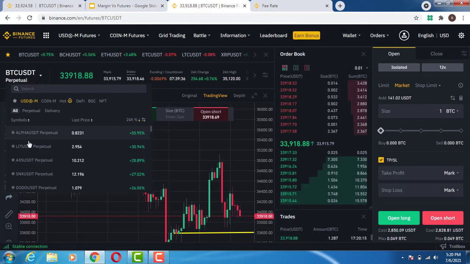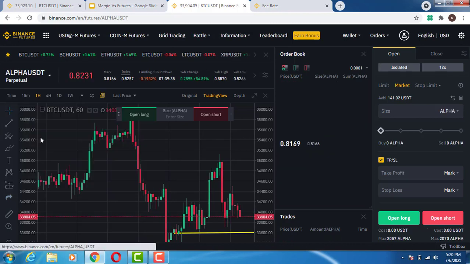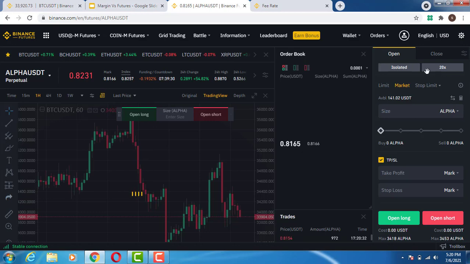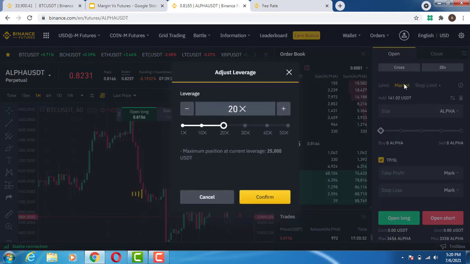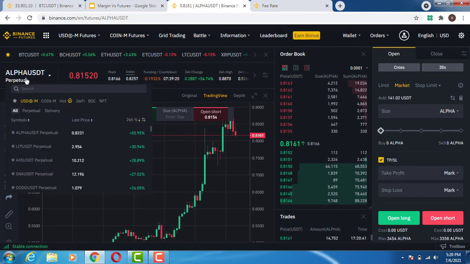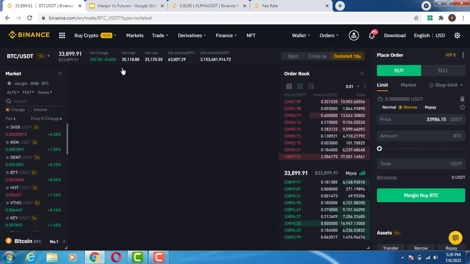If I look at another pair here, let's say I'm trading ALPHA USDT, you discover that the leverage here is over 50x on this perpetual contract. But on the margin trading, for cross margin, I have only 3x max, while isolated, I have 10x max.